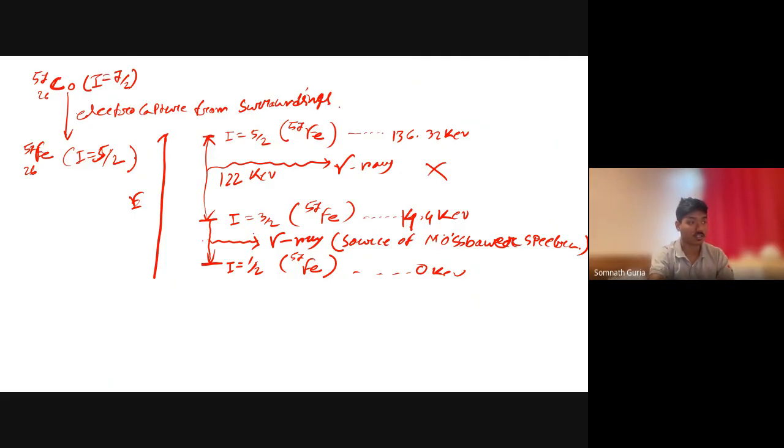Not the 122 one, which is highly energetic. The energy state change is similar to what we are looking for in my sample. For the sample, we have I equals half iron 57, and we provide this gamma ray energy to the sample, and it becomes I equals 3 by 2.